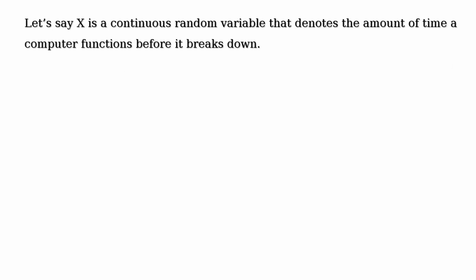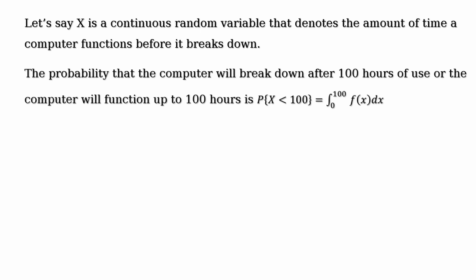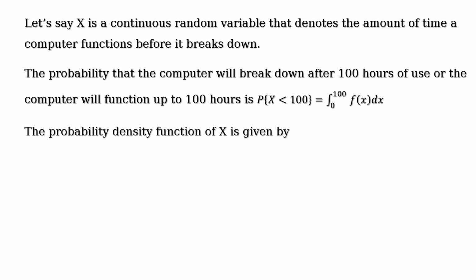Let's say X is a continuous random variable that denotes the amount of time a computer functions before it breaks down, and the probability density function of X is given by fx is equal to 1 by 100 e to the power minus x by 100 when x is greater than or equal to 0, and it is equal to 0 when x is less than 0.